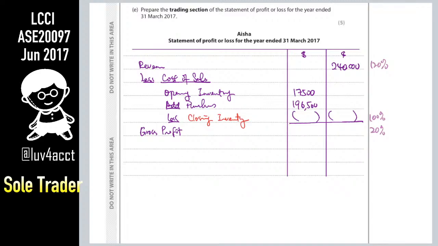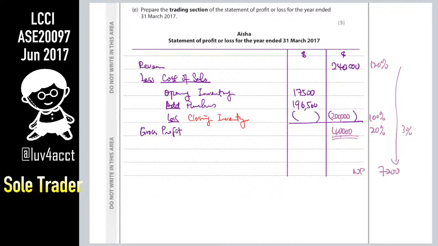So 240,000 means you have 200,000 for your cost of sales and 40,000 for your gross profit. If you calculate 3% margin to your net profit, 3% of 240,000 will be 7,200. So this time you're given 7,200.